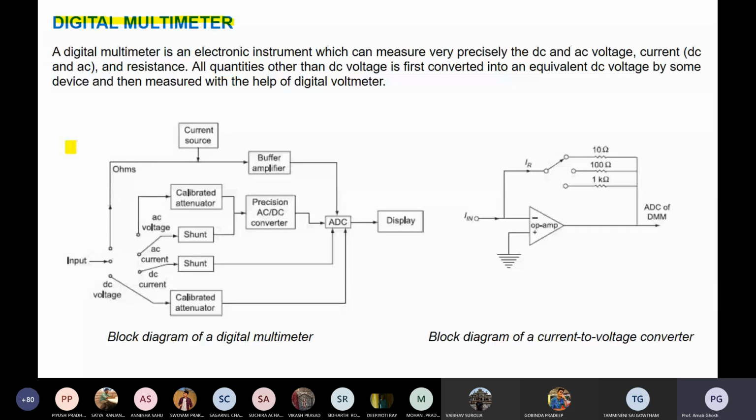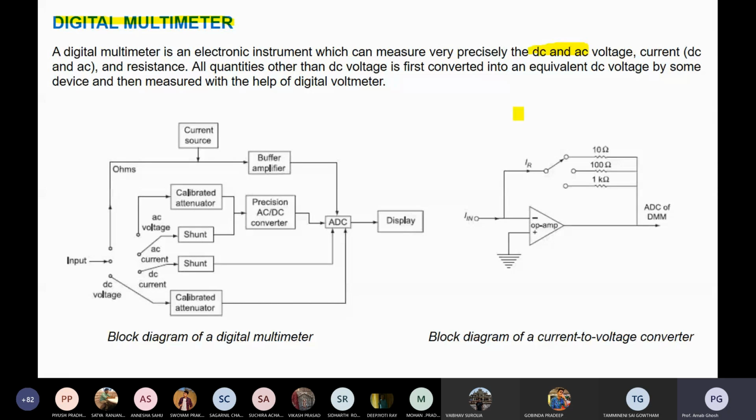A digital multimeter is an electronic instrument which can measure very precisely DC as well as AC voltage, current, and resistance. It is able to measure both DC and AC. There are options for measuring voltage, current, resistance.